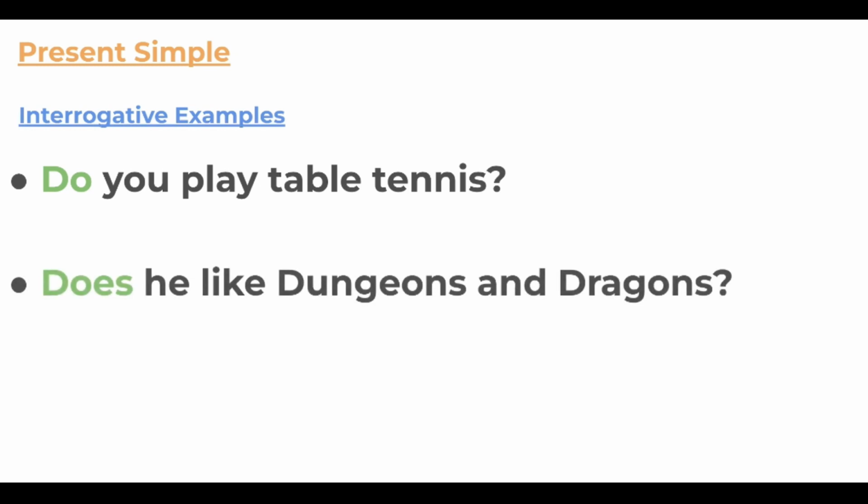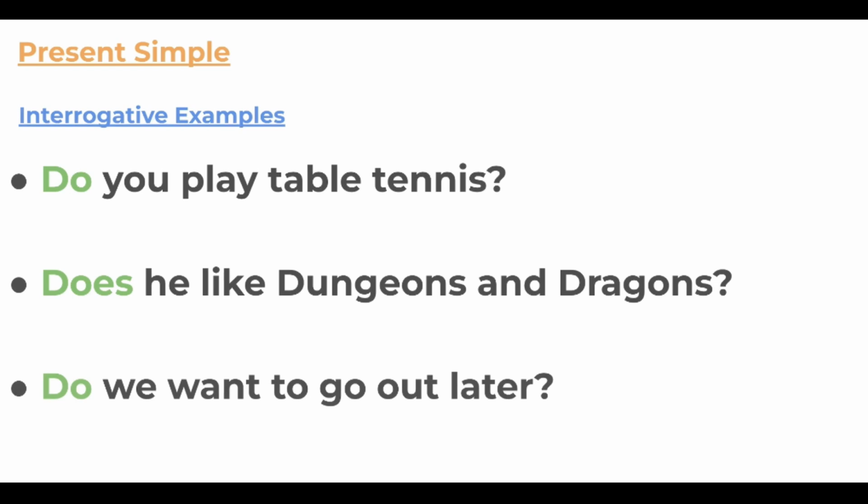Does he like Dungeons and Dragons? Do we want to go out later? Okay, so again, you're just making sure that the do and the does matches the subject there. So that's just a rule to learn really off by heart in order to make sure that this is matching.